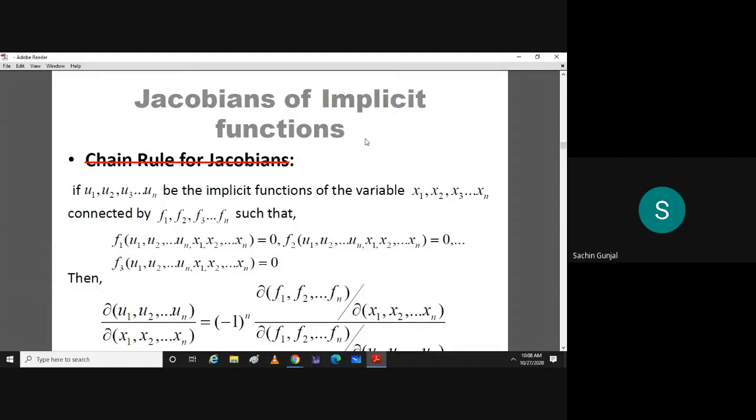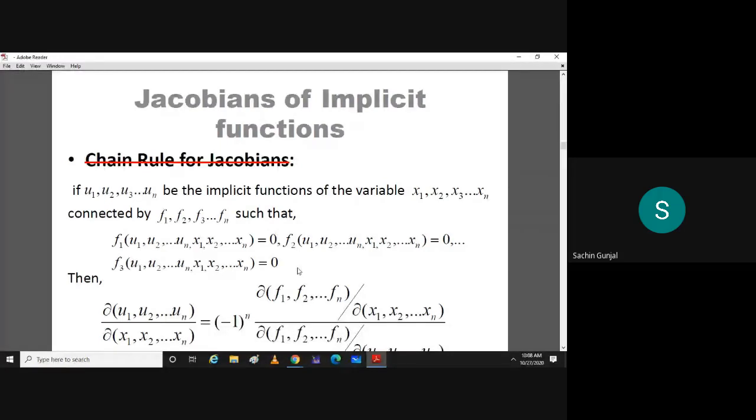If u1, u2, un are implicit functions of variables x1, x2, xn, which are related by the functions f1, f2, fn, like f1 of u1, u2, un, comma x1, x2, xn equal to 0, f2 of u1, u2, un, x1, x2, xn equal to 0, and so on, fn of u1, u2, un, x1, x2, xn equal to 0.